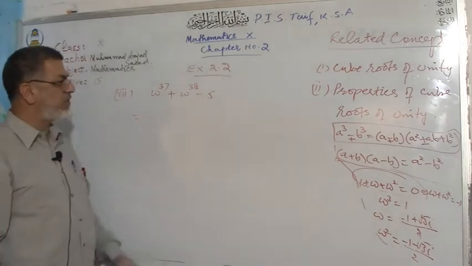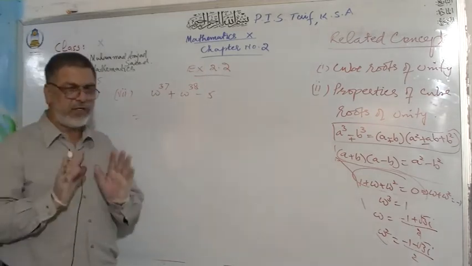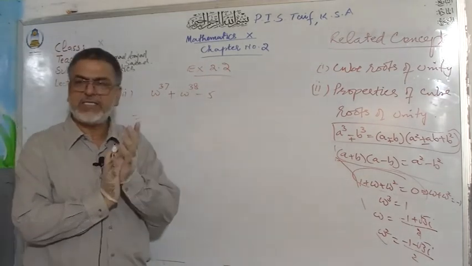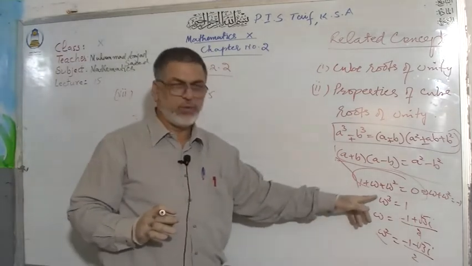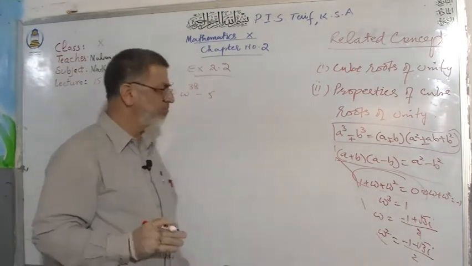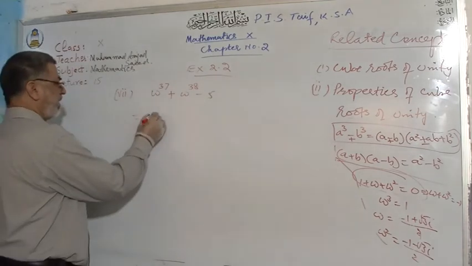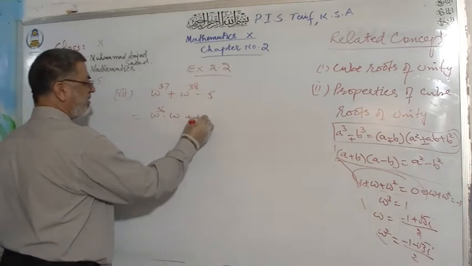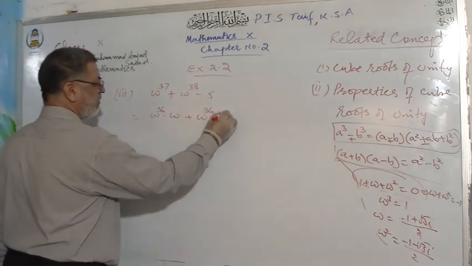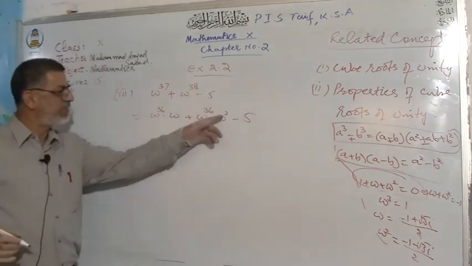Remember that I told you that we have to write down omega in such a way that you can have omega cube, omega power 3. So I think it can be written as omega 36 into omega, and here omega 36 into omega square. 38 can be written this way.